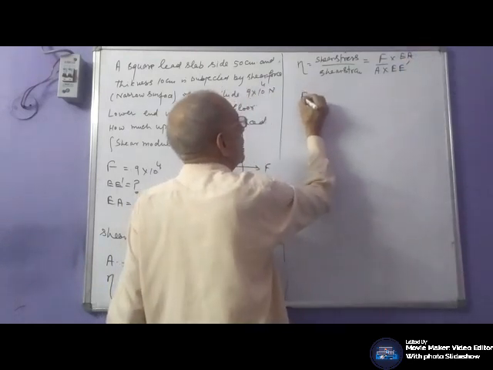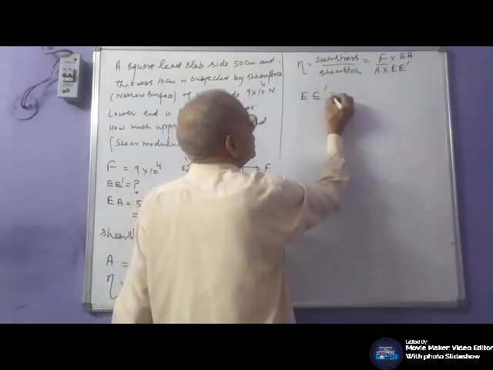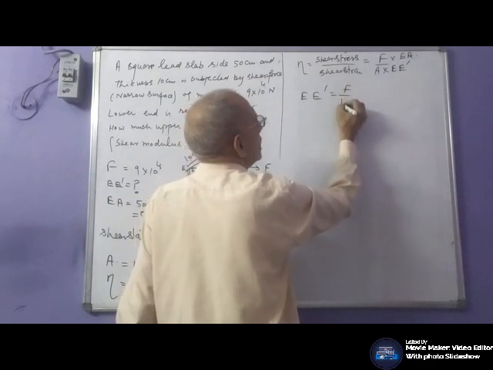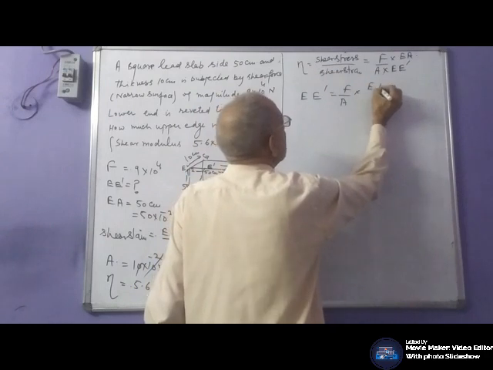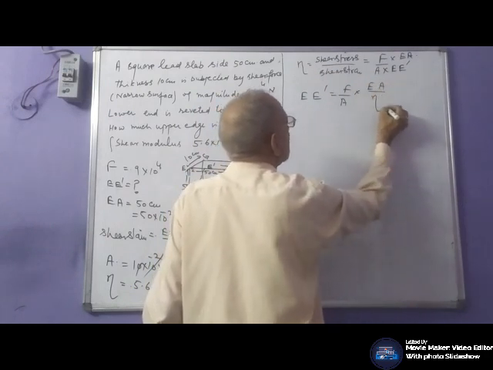I have to find E E dash. It is F by A, take this to this side, EA by eta.